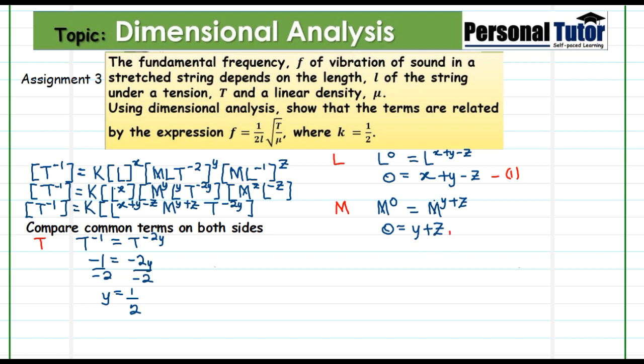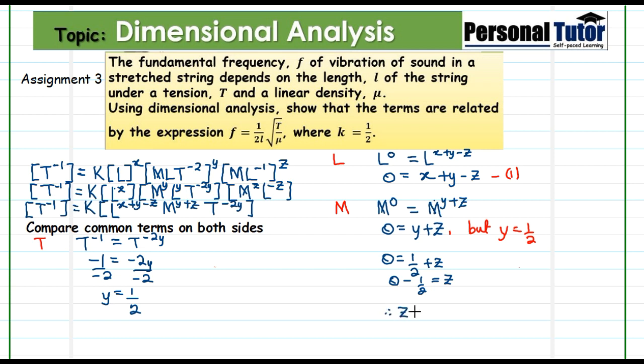However, don't forget that y has already been found to be equal to 1 on 2. That is the y. So we could simply go ahead and find the z, saying 0 equals half plus z. The half moves to this side to get 0 minus half equals z.